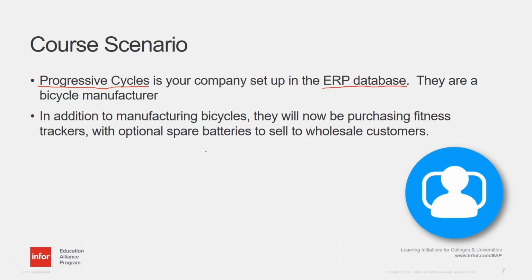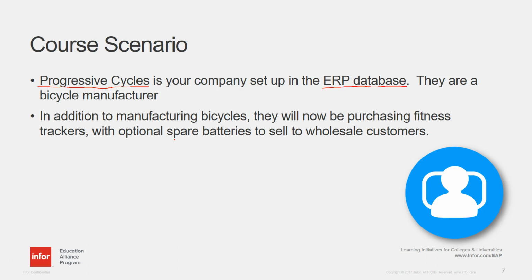In addition to manufacturing bicycles, Progressive Cycles has now decided that they're going to go into the fitness tracker business, and then they will provide spare batteries to sell to wholesale customers.